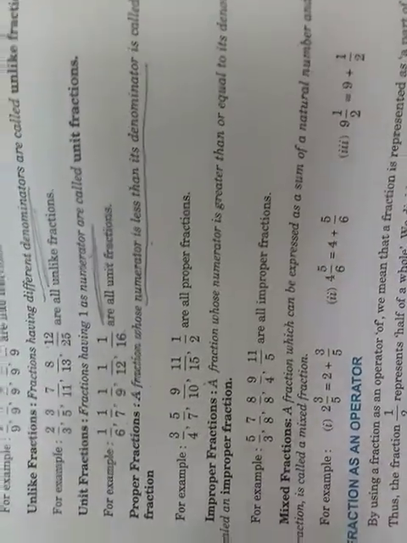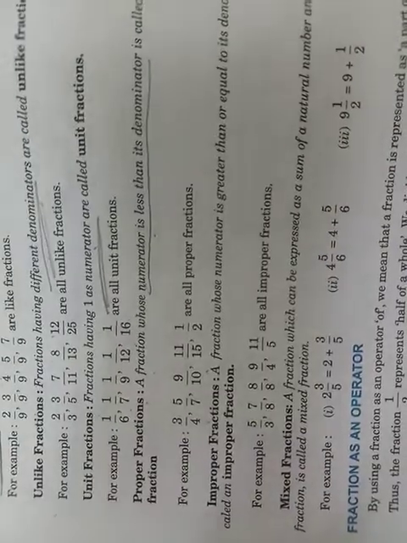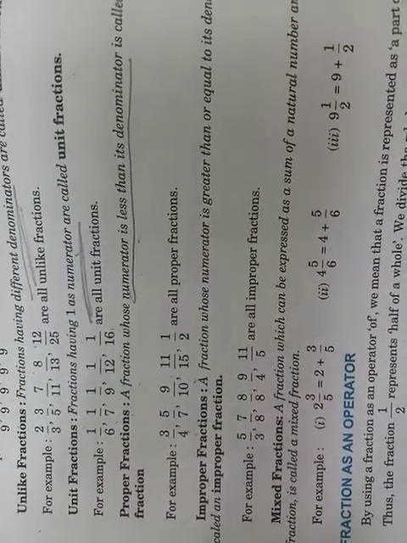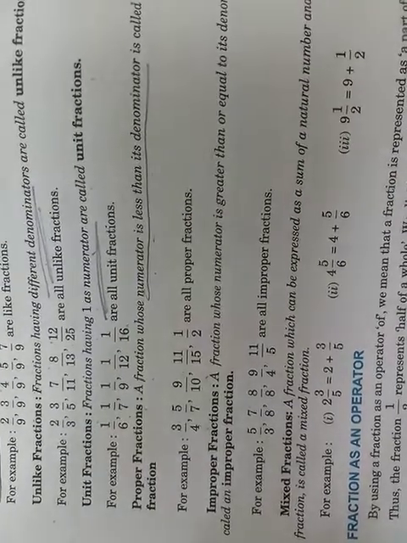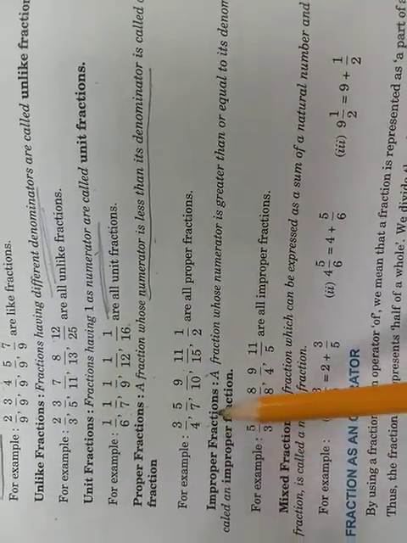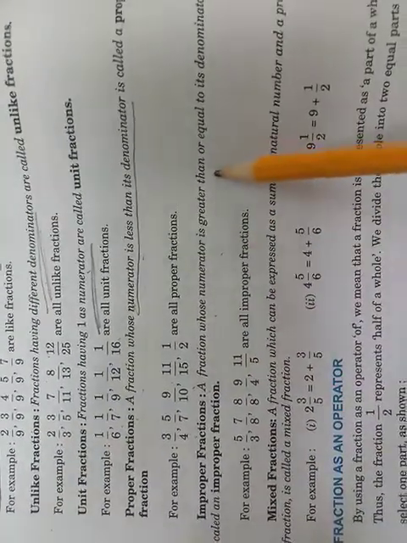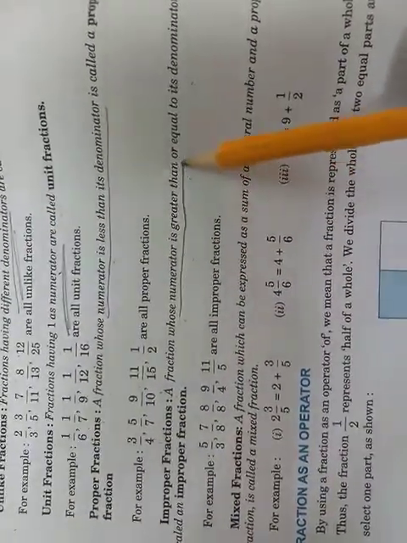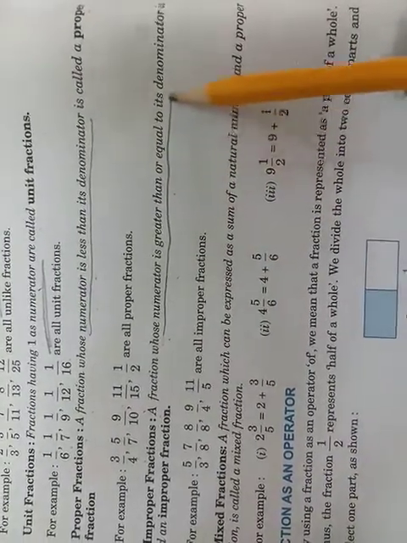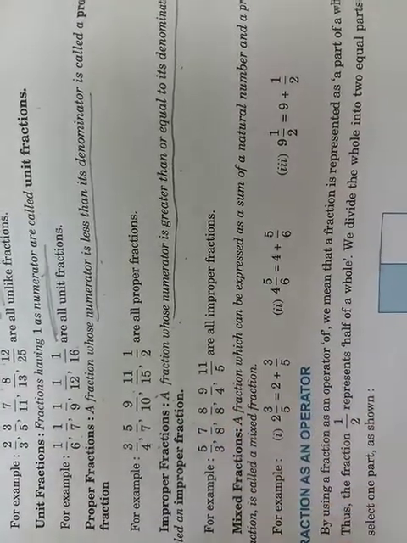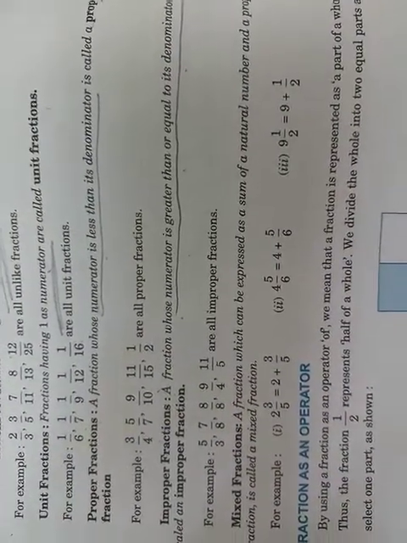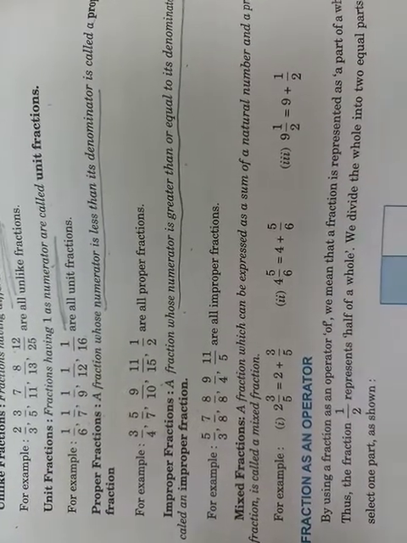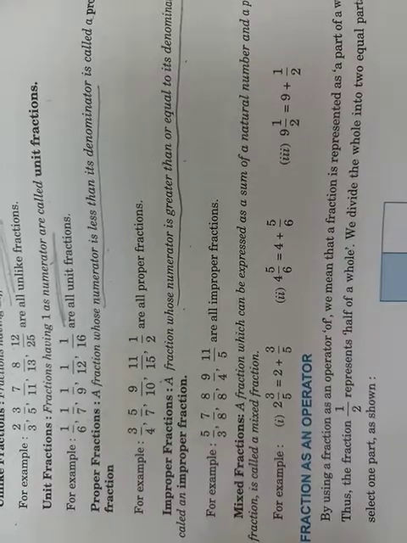Then if we say the opposite, that means if the numerator becomes greater and the denominator becomes lesser, then it is an improper fraction. Let's read the definition of improper fractions. A fraction whose numerator is greater than or equal to its denominator is also called an improper fraction. 5 by 3, numerator is 5, denominator is 3, 5 is greater than 3, therefore it is an improper fraction.